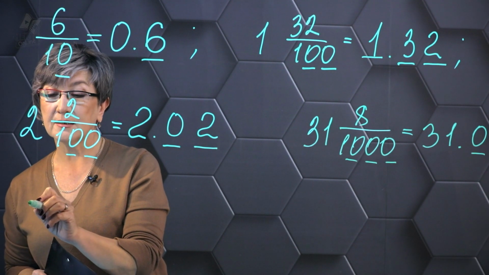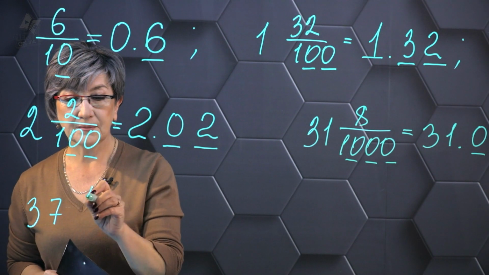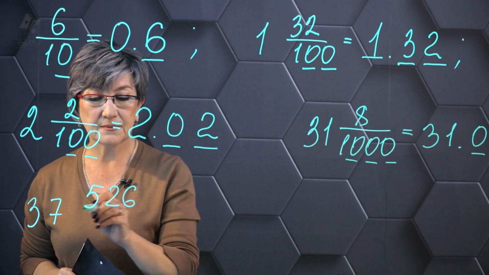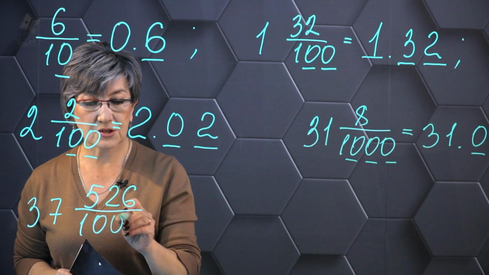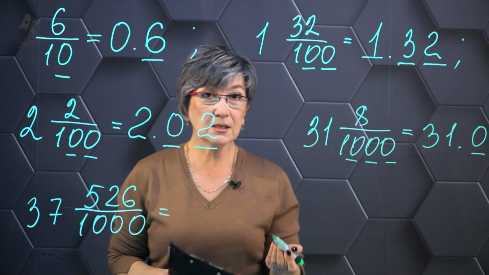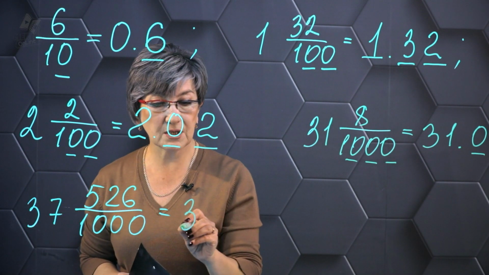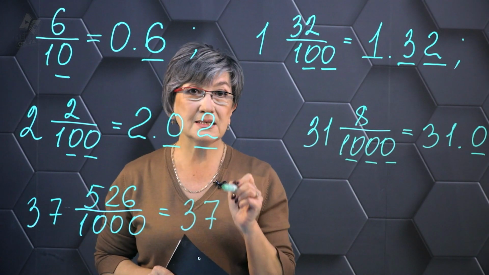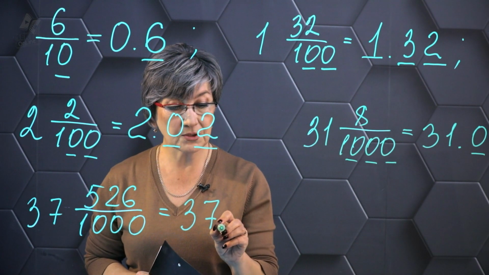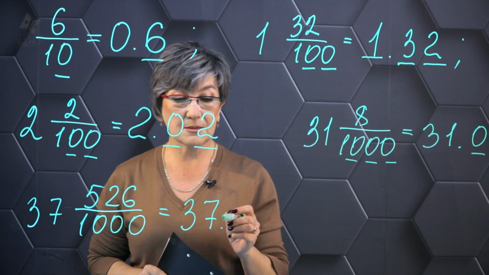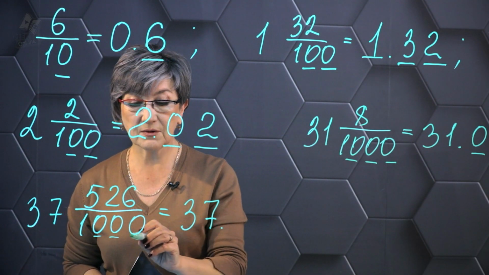Another fractional number we'll write down as a decimal number. That's 37 whole 526 thousandths. First we write down the whole part. That's 37 wholes. I write 37 and separate the whole part with our dot. Now I count the number of zeros. That's 3 zeros.